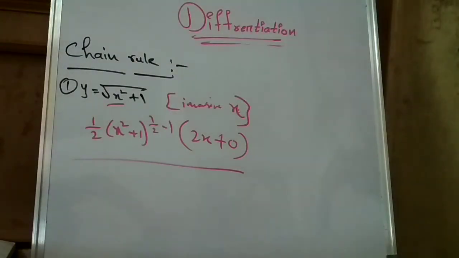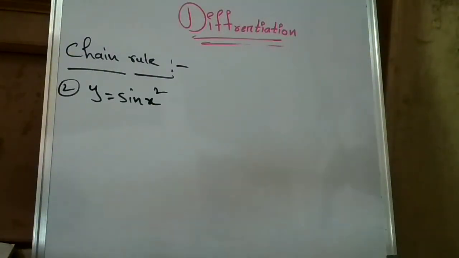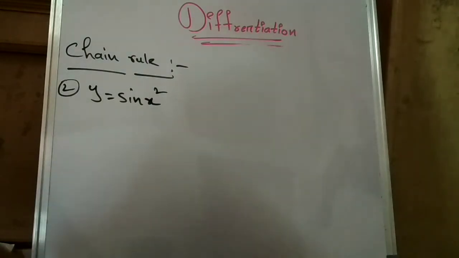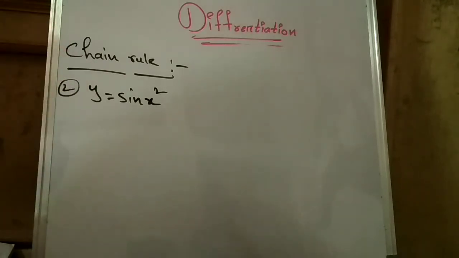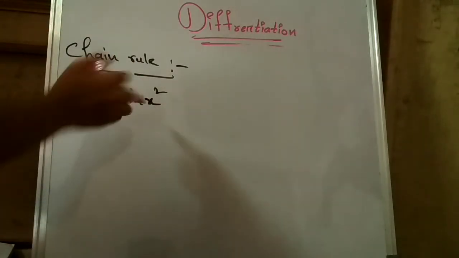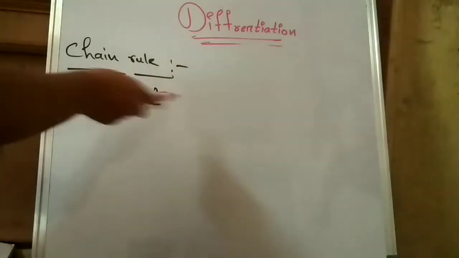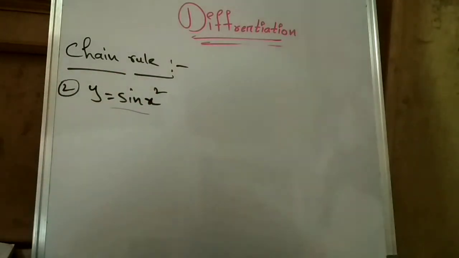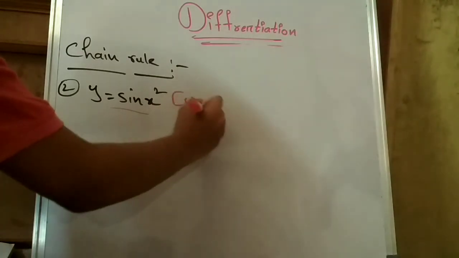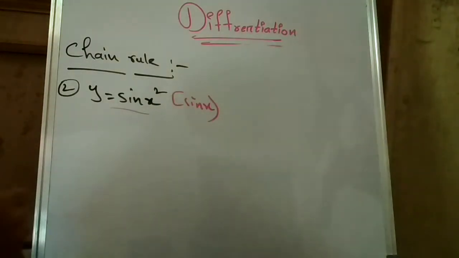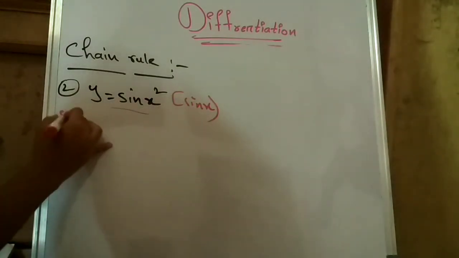Let's move on. Now let's imagine that y is equal to sin x square. If that was sin x, you would keep cos x and you would move on. But let's imagine that it is sin x only. We will go ahead just like the last problem we did.